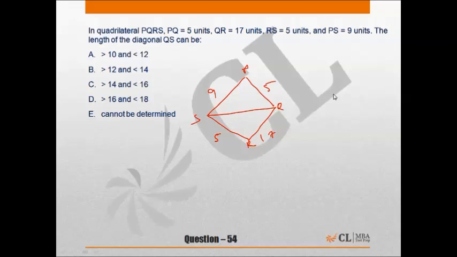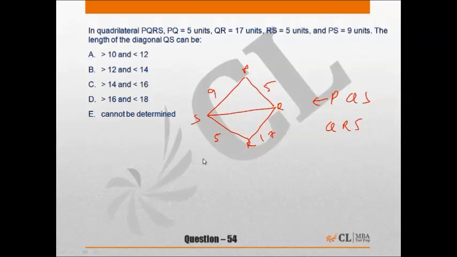Here we have two triangles, PQS and QRS. We know that the sum of any two sides in a triangle is always greater than the third side, and the difference of any two sides is always less than the third side.